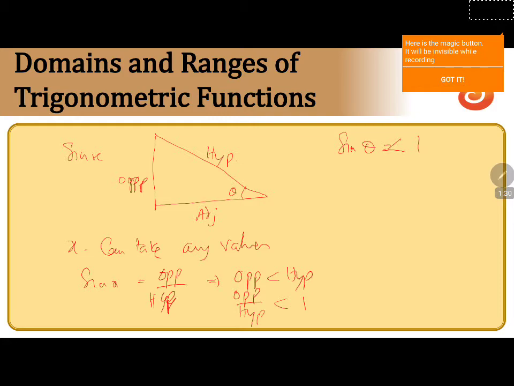Depending upon quadrants, in the first and second quadrants, sin theta is positive. In the third and fourth quadrants, sin theta is negative. Therefore, sin theta is always a proper fraction.